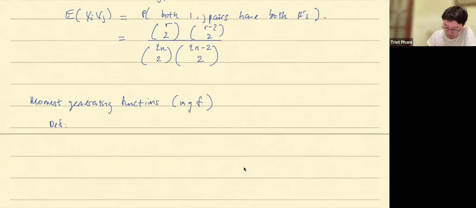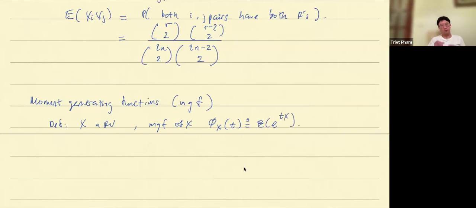If x is a random variable, then the moment generating function of x, denoted as phi sub x at a variable t, will be by definition the expectation of e to the tx.